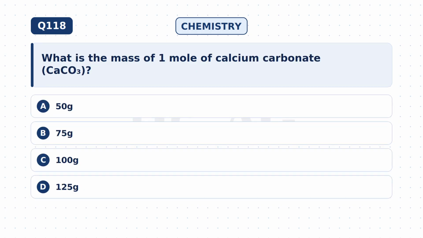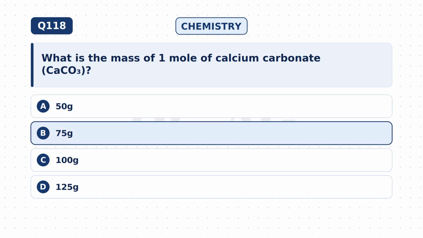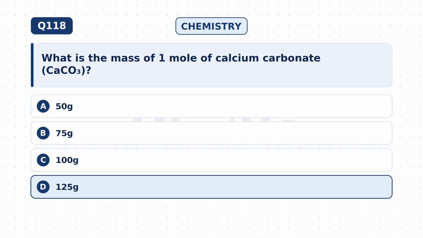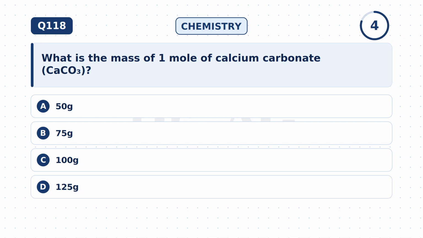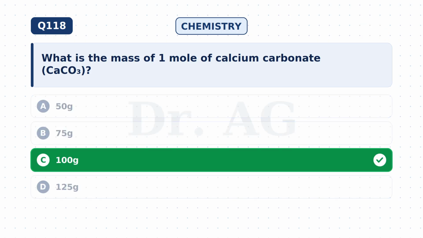Question 118. What is the mass of 1 mole of calcium carbonate? Option A, 50 g. Option B, 75 g. Option C, 100 g. Option D, 125 g. The correct answer is C, 100 g.